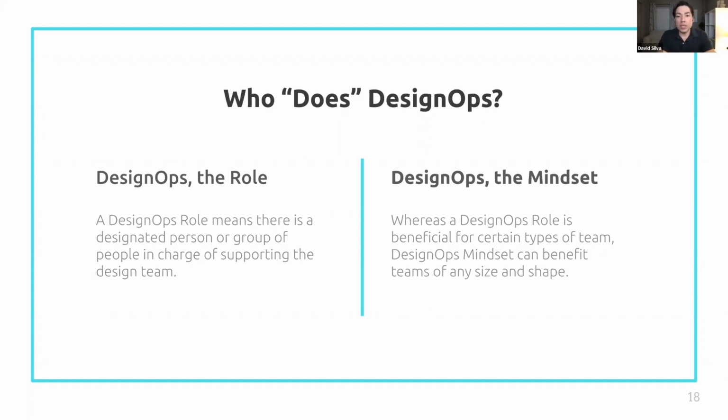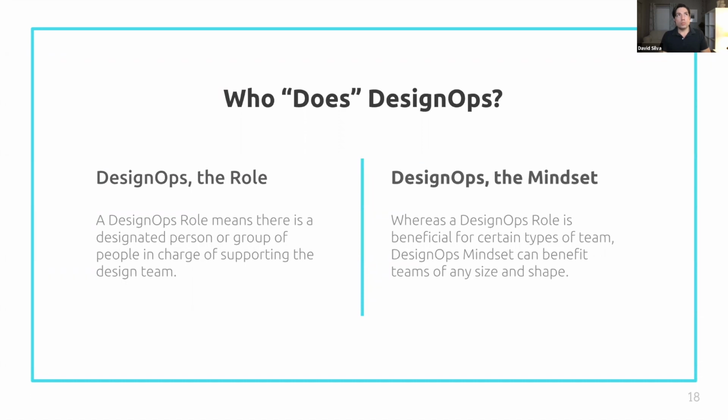When a team decides to adopt this mindset, it's about everybody working together to accept that we need processes, that we need structure, and for everybody to buy into it and make sure we're implementing this.